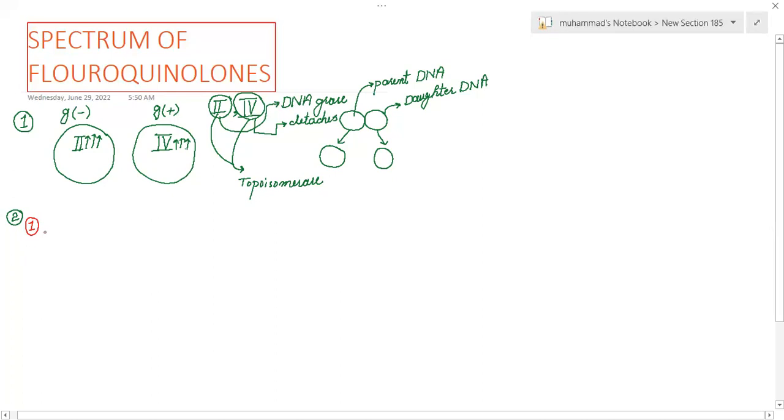And it is said that the older generation fluoroquinolones, means first generation and somehow second generation, have higher affinity for topoisomerase 2.